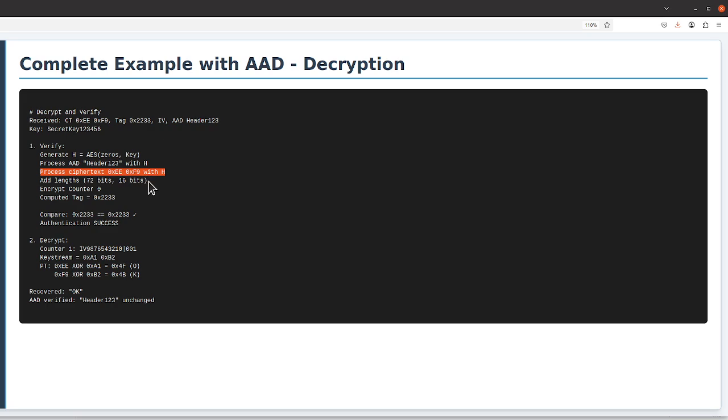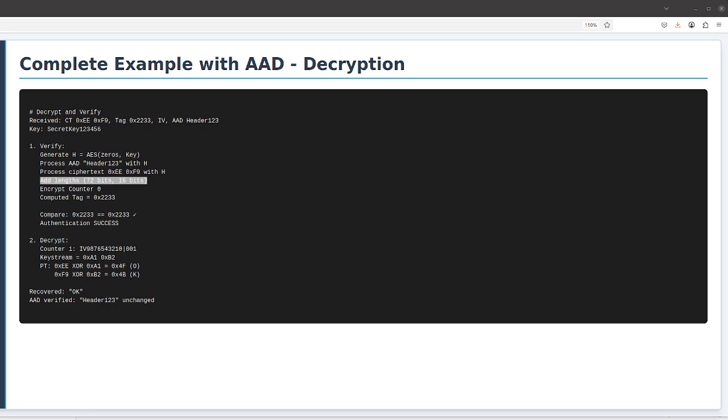Process lengths. AAD is 72 bits, ciphertext is 16 bits. Create a lengths block, then multiply with H to get 99...AA, then XOR with the accumulator. 44...CC XOR 99...AA equals DD...EE.